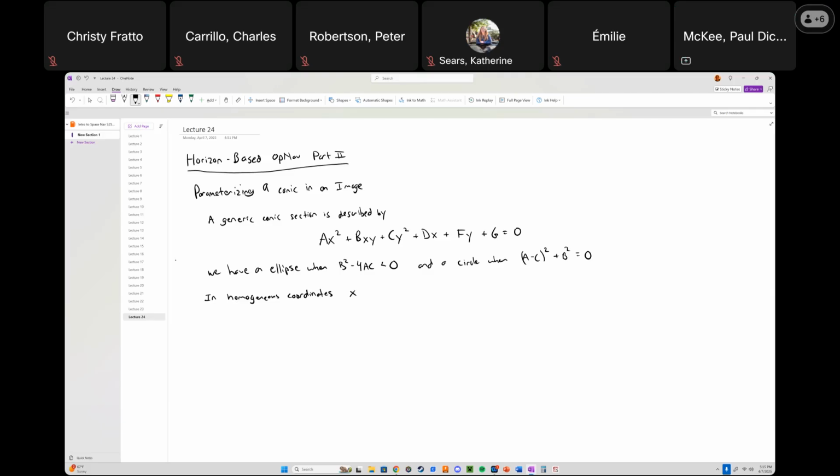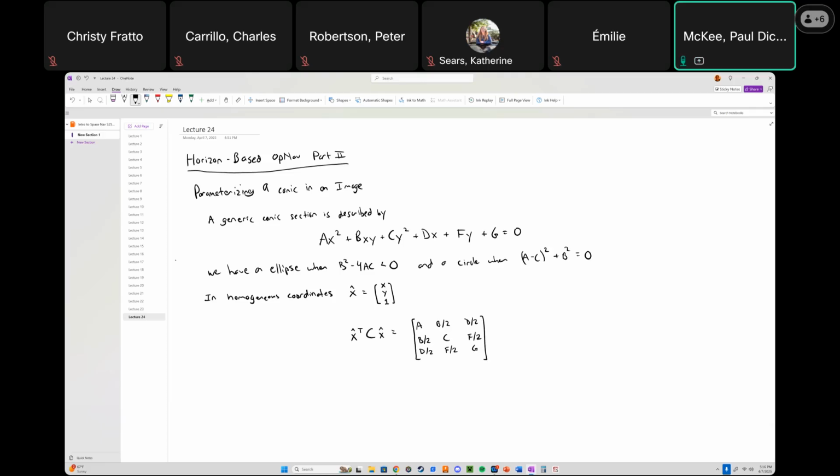If I say that x as a homogeneous vector is x, y, and then 1, then x transpose C x, where C is the matrix with rows a, b over 2, d over 2; b over 2, c, f over 2; d over 2, f over 2, and g.